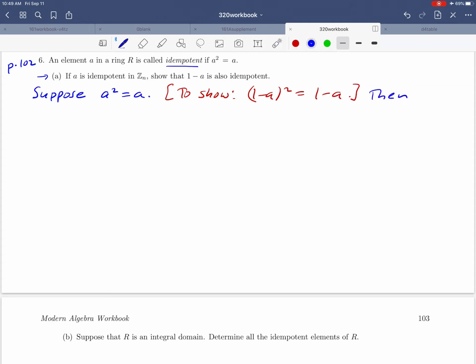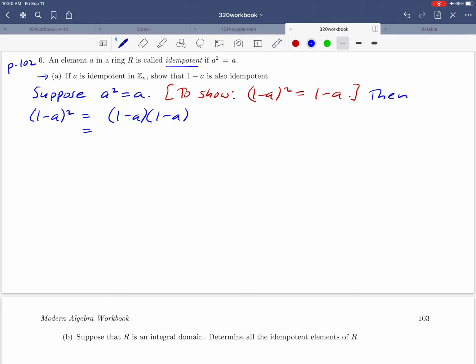All right, so let's start with (1 minus A) squared and see if we can show that that's really the same as 1 minus A. Okay, so first, by definition, (1 minus A) squared is just 1 minus A times itself. And then we're going to use the distributive properties of a ring, basically.